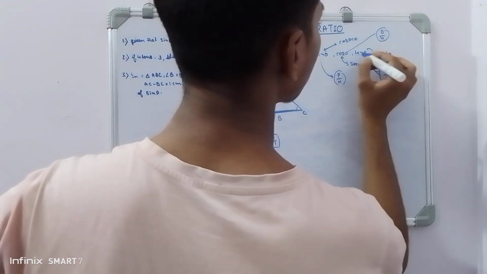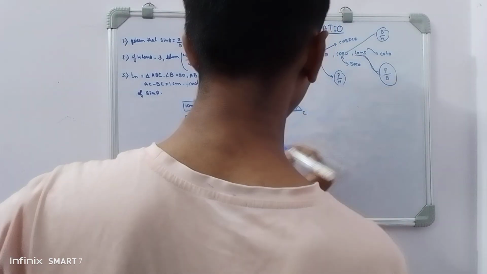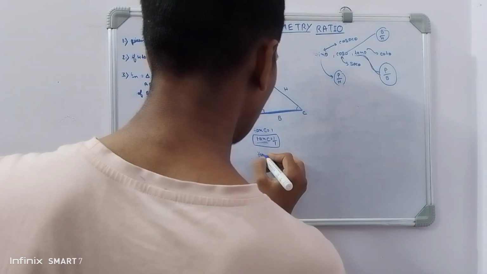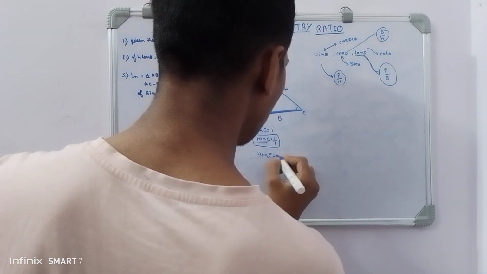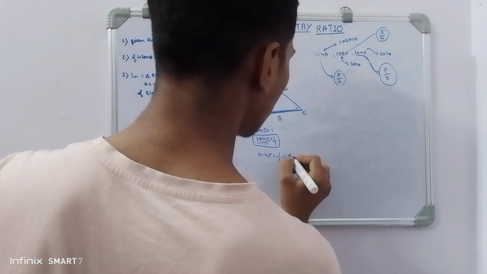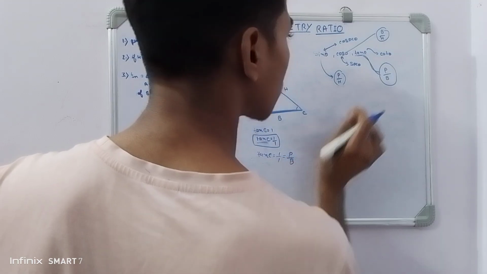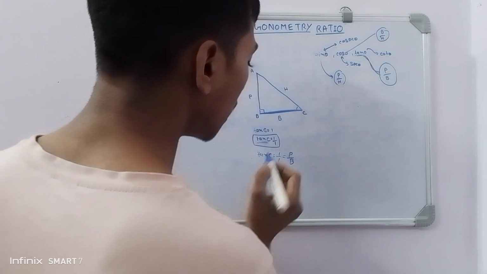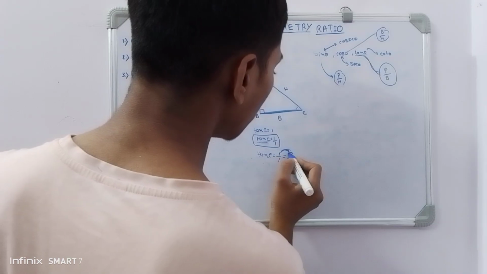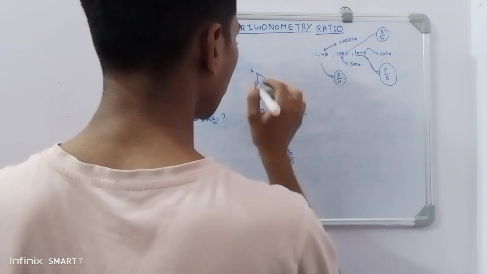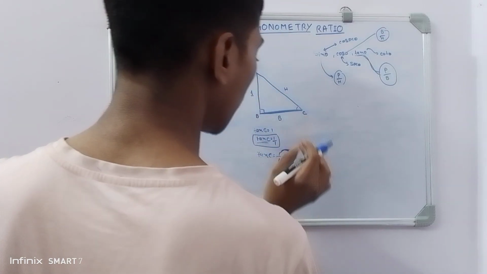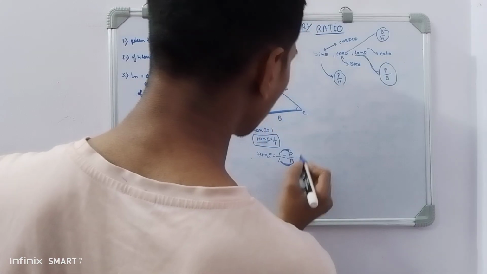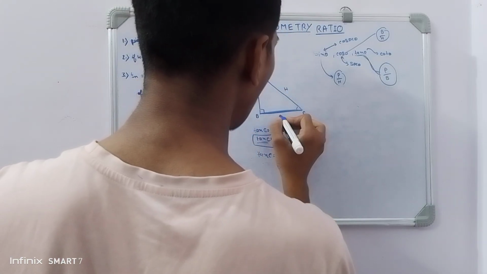Tan means P by H. So the tan of C, which is equal to 1 by 1, is equal to B by P, because tan means B by P. Now P we have the 1, that means AB we have the 1, and then we also get B is equal to 1, that means the base is also 1.